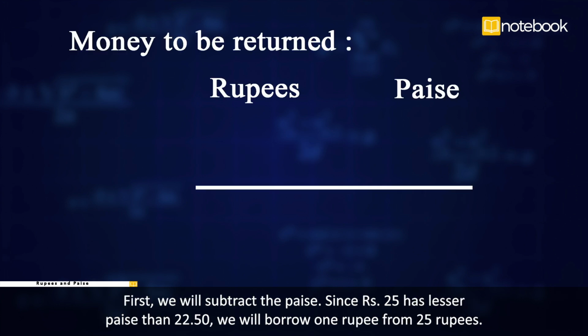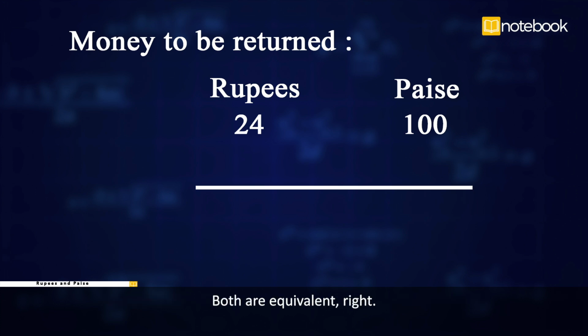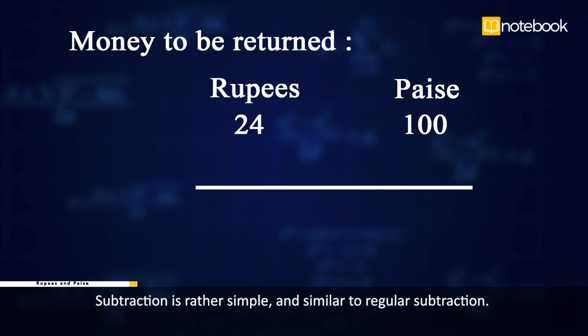First, we will subtract the paise. Since 25 rupees has lesser paise than 22 rupees and 50 paise, we will borrow 1 rupee from 25 rupees. In other words, we will consider it as 24 rupees and 100 paise. Both are equivalent, right? Subtraction is rather simple and similar to regular subtraction.